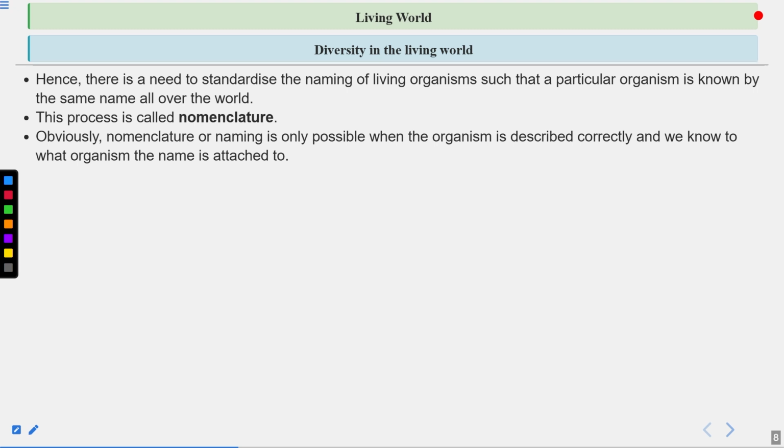Naming is only possible when the organism is described correctly. This is the requirement. Now, this is known as identification. So before nomenclature, identification is very important.